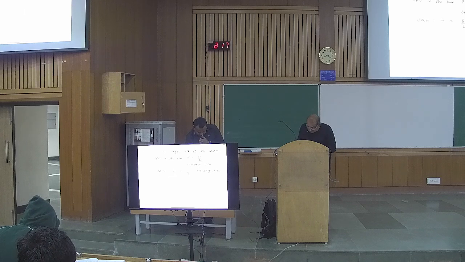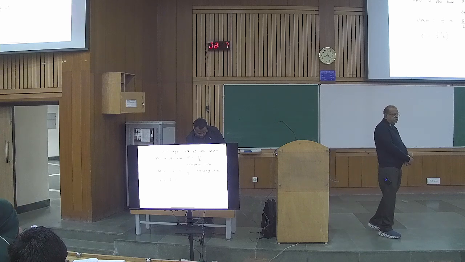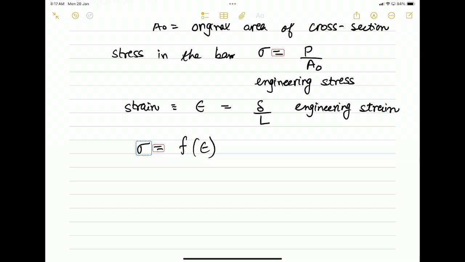Now, what we know is that sigma is a function of epsilon. The advantage of expressing it in terms of sigma and epsilon is that sigma tells you the intensity of the force. So even if the force is 2P or the area is 2A, when we write things in terms of sigma and plot those variables, we don't have to depend on the exact load.